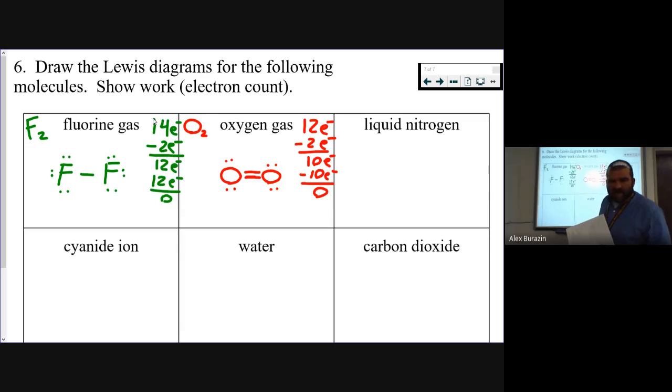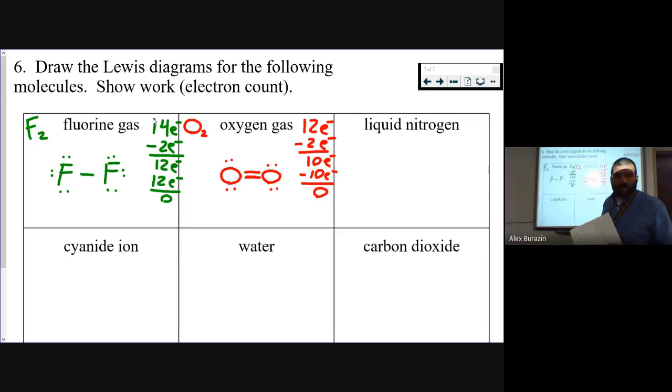When I do that, let's check the octet rule again. I've taken a lone pair off the left oxygen. I've made a second bond. Now, they both have 8 electrons nearby. They both are satisfying the octet rule, which is stable for atoms and molecules. 2 lone pairs, 2, 4, 2 bonds, 6, 8. Okay, this is the correct structure of oxygen gas.